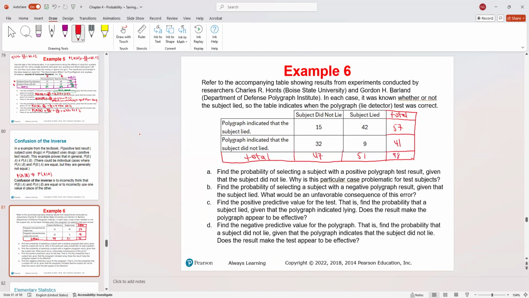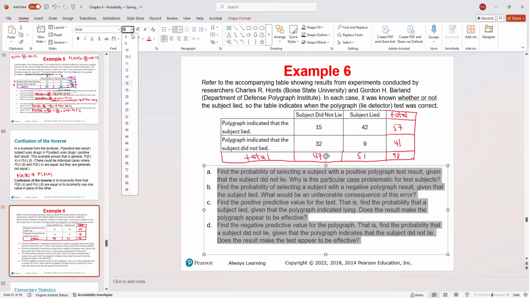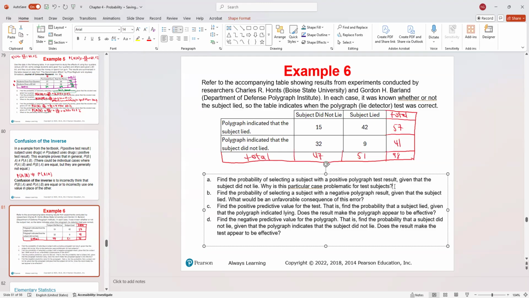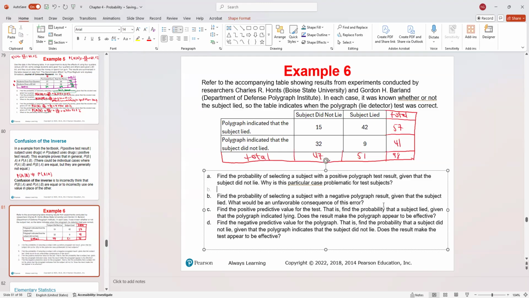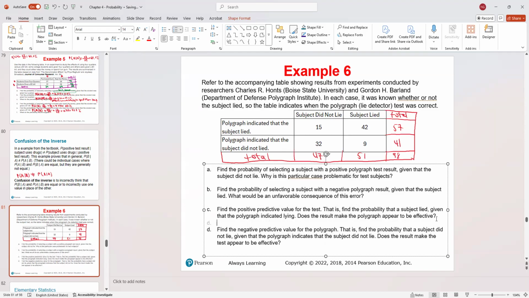Let's answer these questions very quickly because I'm going to put them very small so we can see. I'm going to make it 12. I know you may not be able to see it, but I need space because I want to make sure I can do 1, I can do 2, I can do 3.